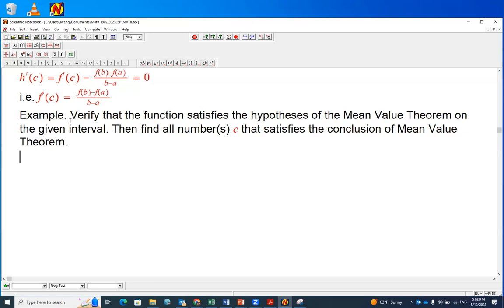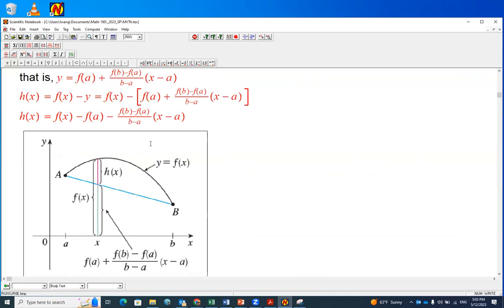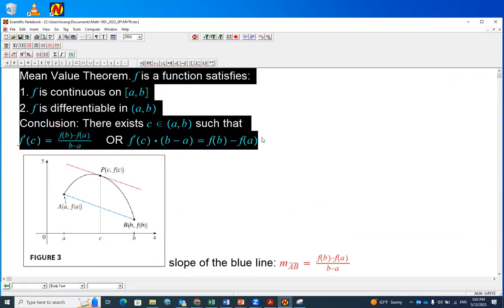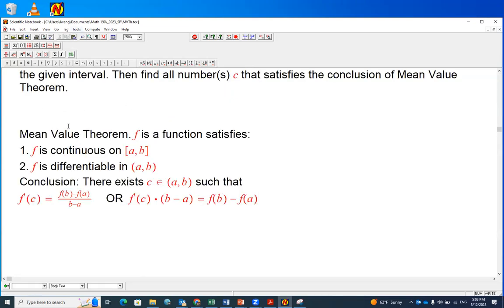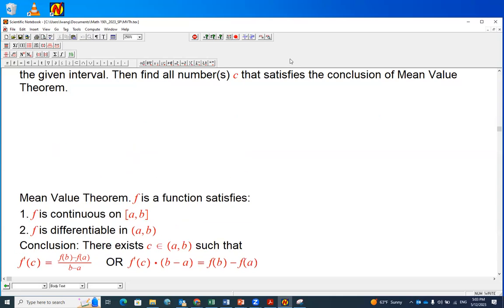Okay, it's very similar to the examples that we did for Rolle's theorem, right? Verify, check every condition. But here, for mean value theorem, there are only 2 conditions. So I'm going to copy and paste this condition, and for our convenience we just check the conditions. The function in our consideration is f of x equals x raised to the power 3 minus 3x plus 2. The interval in consideration is [-2, 2].